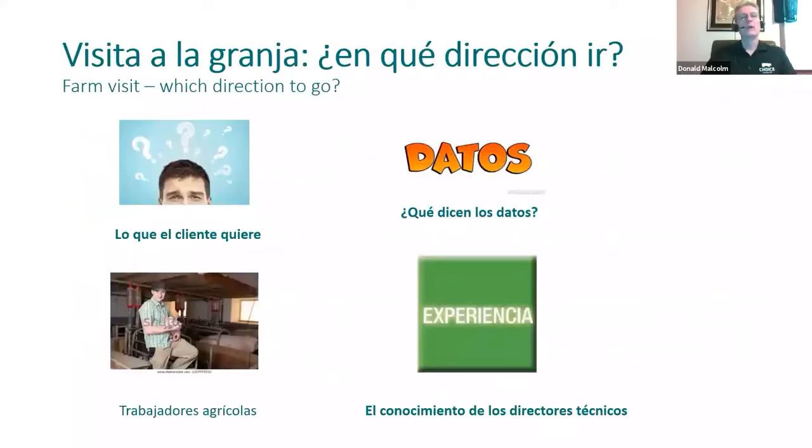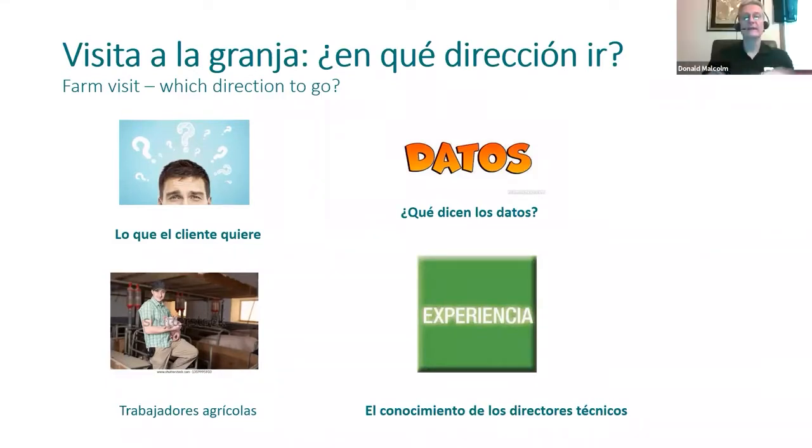Okay, so in trying to decide what to look at on the farm, we need to understand what the owner wants. We need guidance based on the data. What does the data tell us about where the problems are? As well, while you're on the farm, talking to the farm workers can often give you deeper insight into what's going on in the operation.